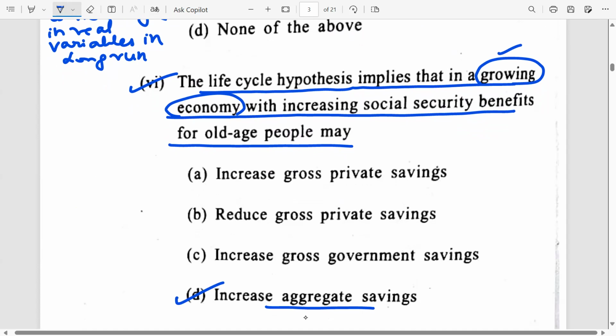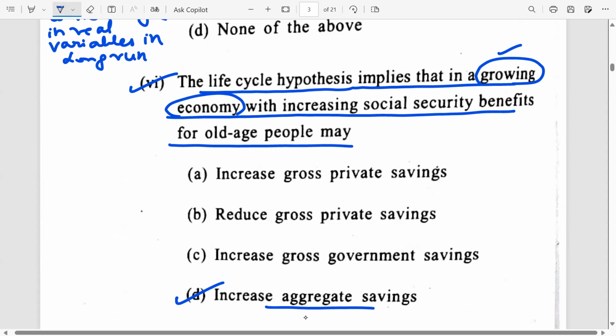Because remember, from the life cycle hypothesis, savings occur only in your young age. In your initial age and retirement age, your consumption exceeds your income. Your savings are actually negative. If you look at the Ando-Modigliani life cycle hypothesis that I've covered in my main lectures, you will see that it's only during the young phase that savings increase. So aggregate savings increase.